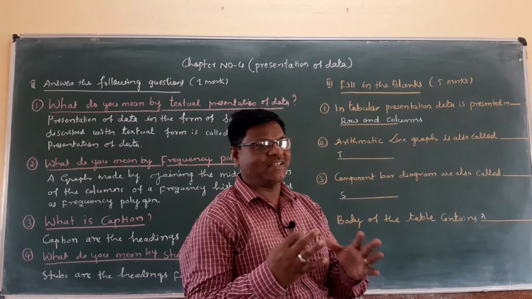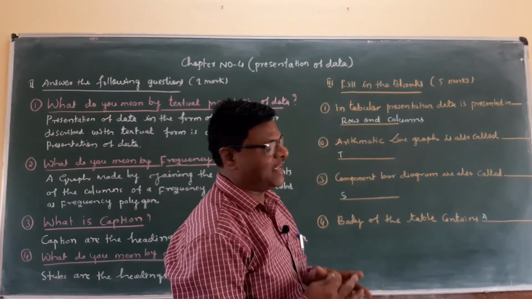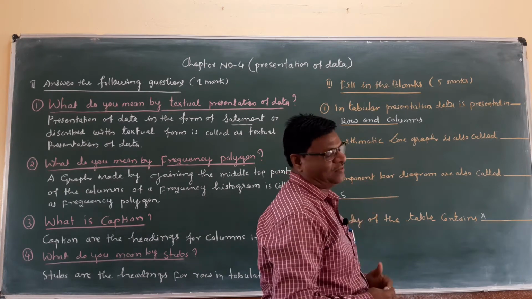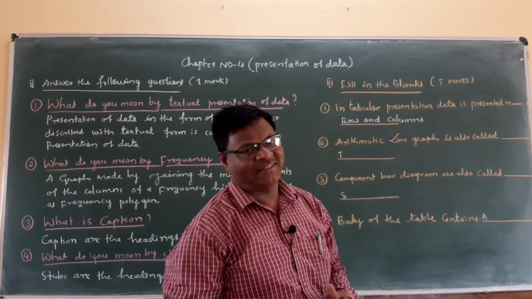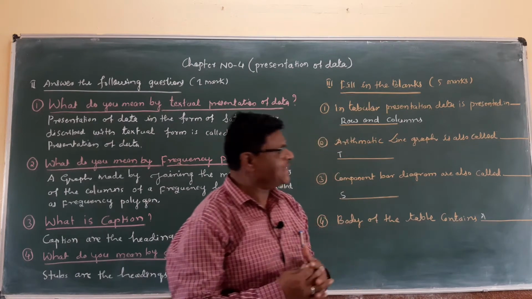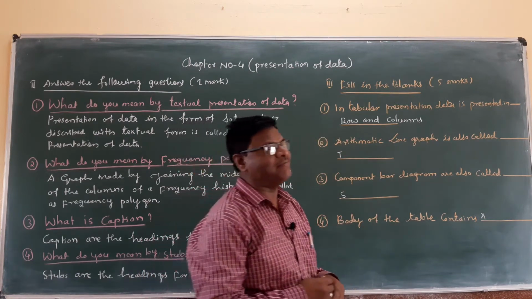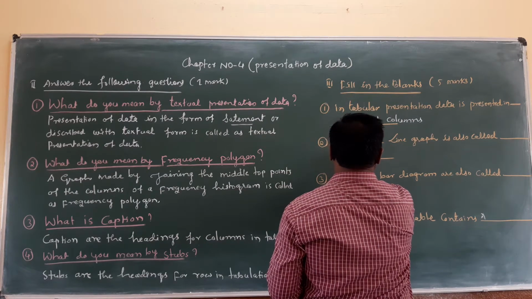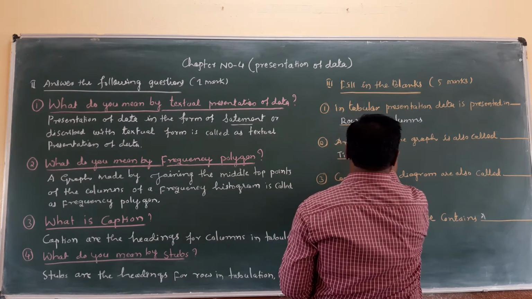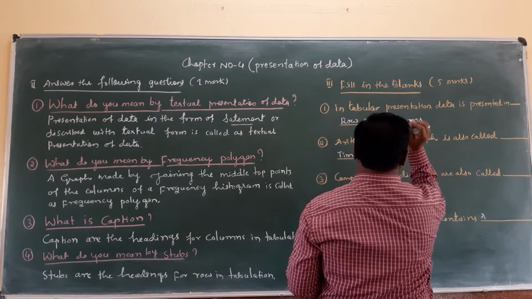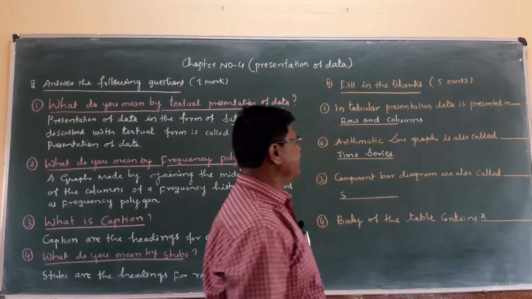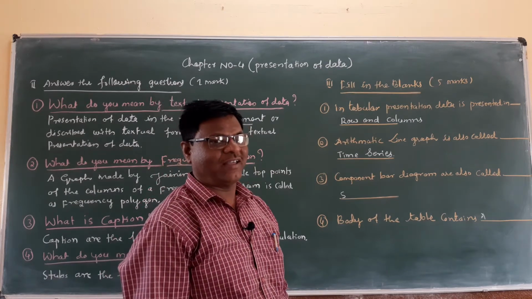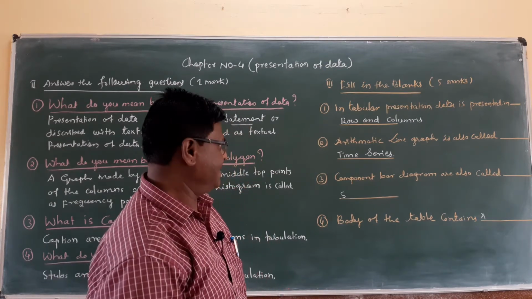The second question is, arithmetic line graph is also called time series.